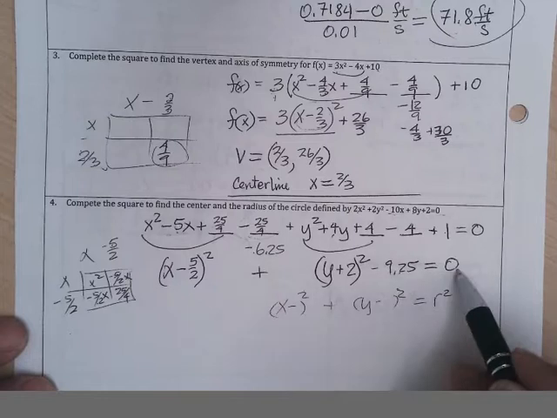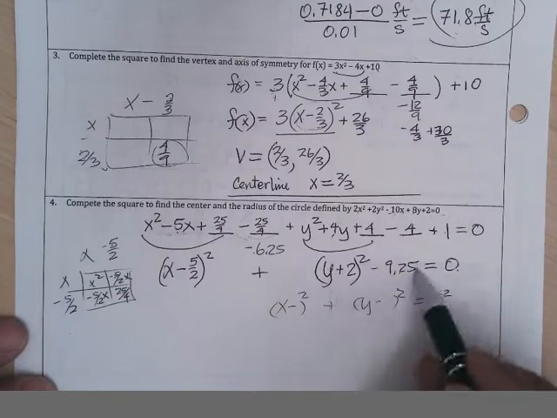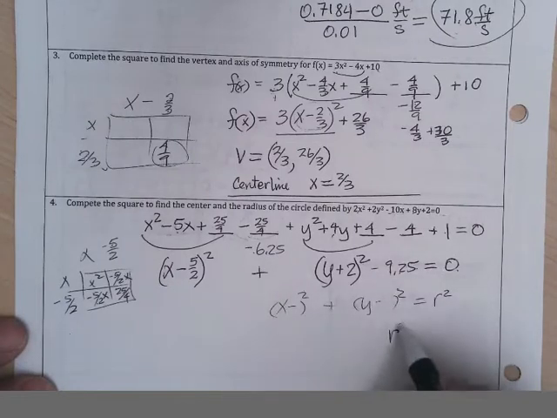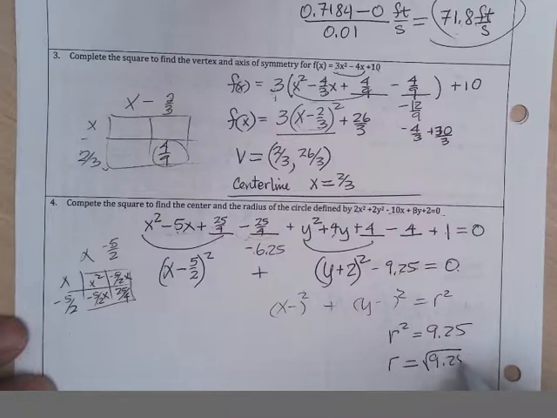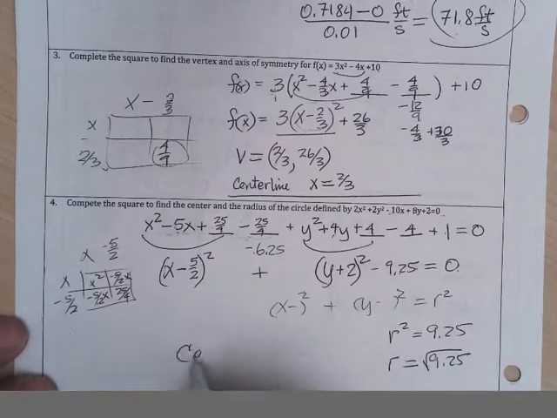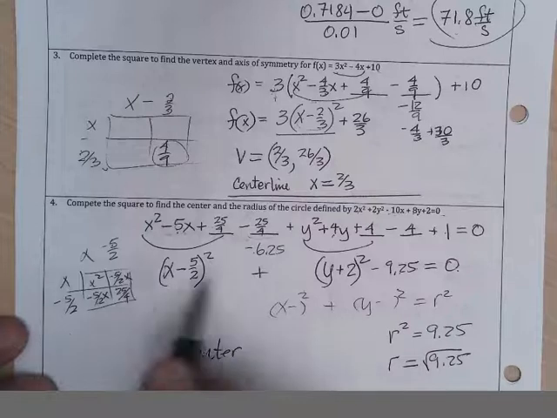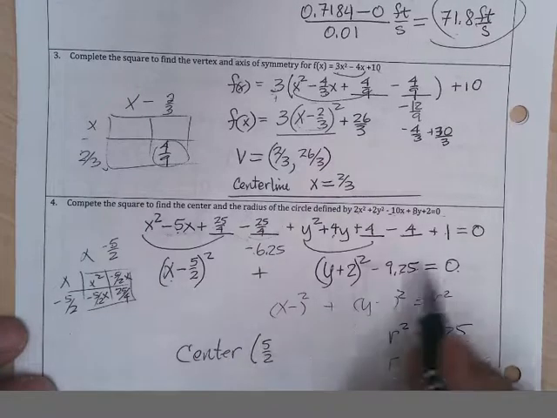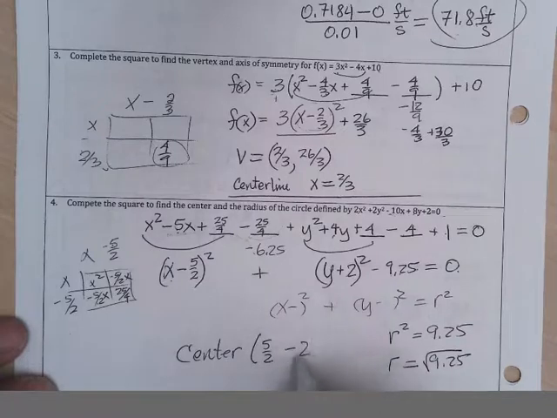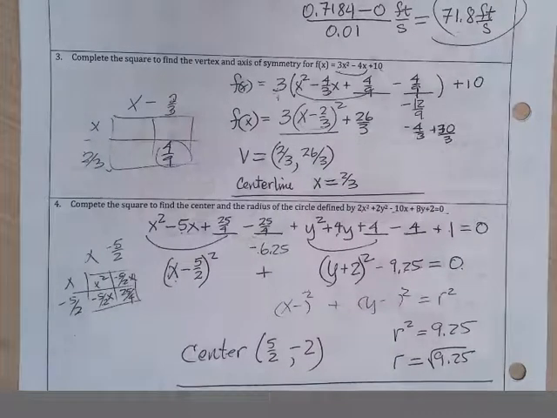So if I put this to the other side, it's plus 9.25. So r squared is equal to 9.25, and r is equal to the square root of 9.25, and I'll just leave it like that. And the center is moved positive 5 halves in the x and minus 2 in the y. That's page 2.